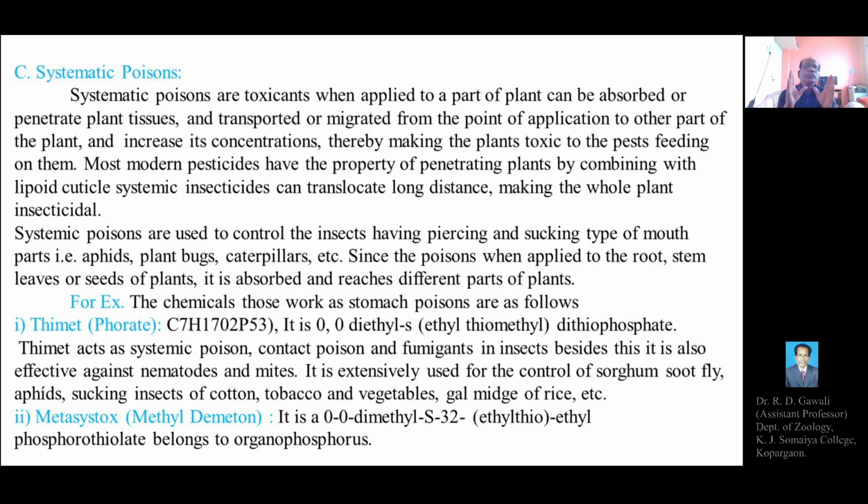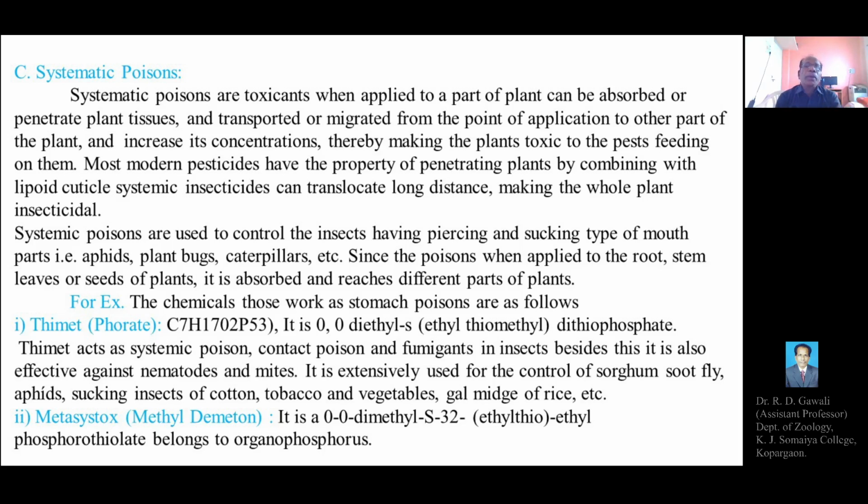So systematic poisons are the toxicants or poisons which, when applied onto the crop or the plants, are absorbed into the plant tissue, or have the ability to penetrate the plant tissue, from where they are transported or migrated to the different parts of the plant, and the entire plant becomes toxic.